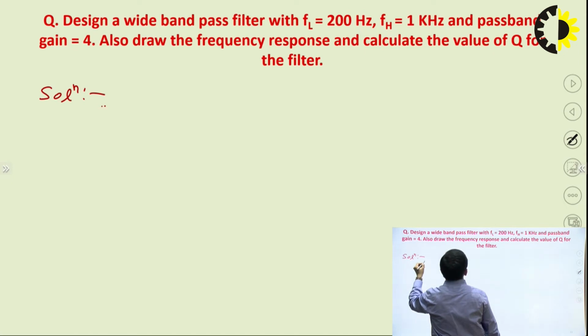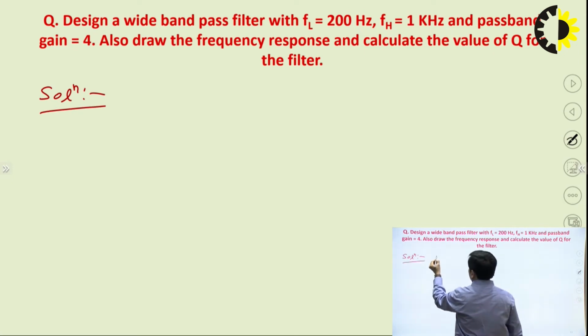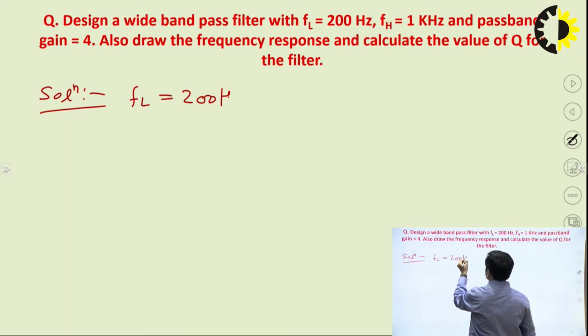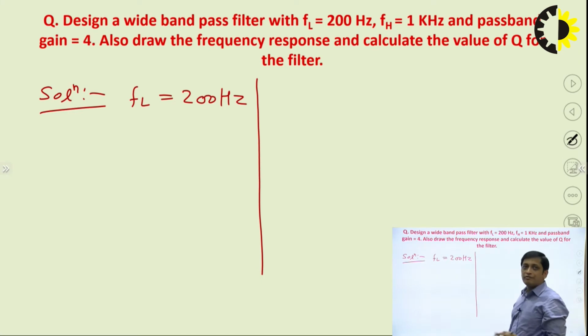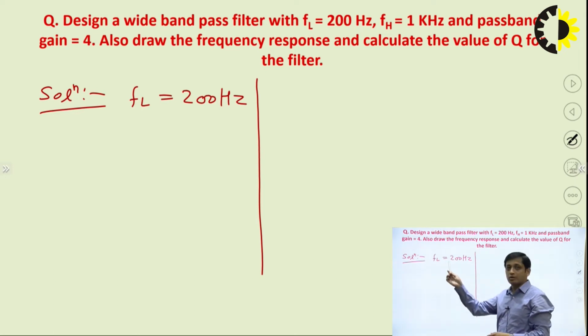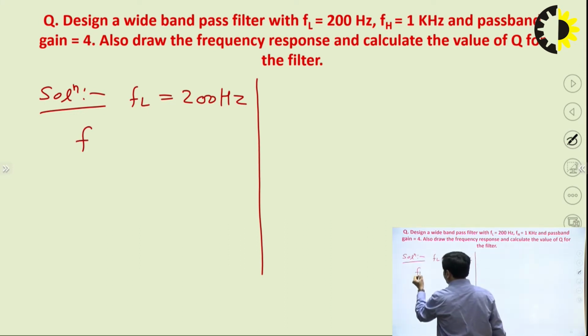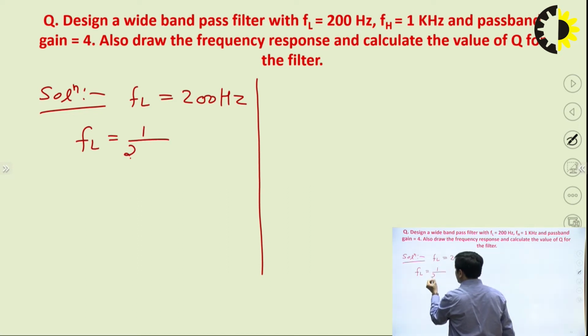Fine. So in the question FL is given, this FL is equal to 200 Hz. So firstly we will have to design a first order high pass filter for cutoff frequency of 200 Hz, because FL is the cutoff frequency for first order high pass filter. So for that we need to calculate the value of R and C, and we know the equation for FL, that is FL is equal to 1 upon 2 pi RC.